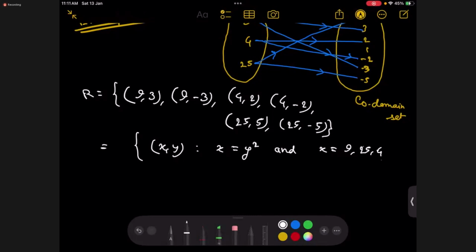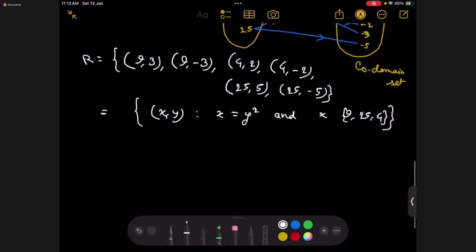Or we can also write this as a set where x belongs to this set, and this is our set builder form. Perfect. Okay, then what is the domain of this relation?